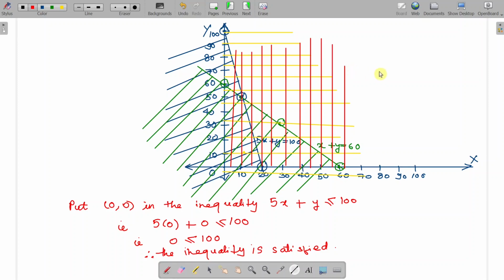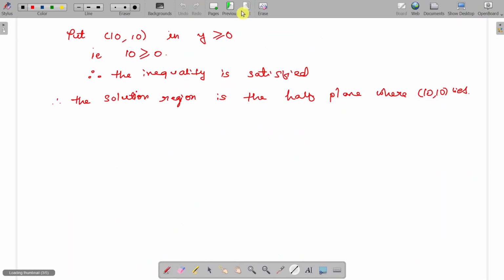Like this. Now you can see that the intersection of all the regions is this. Okay, here. So we call it the feasible region.